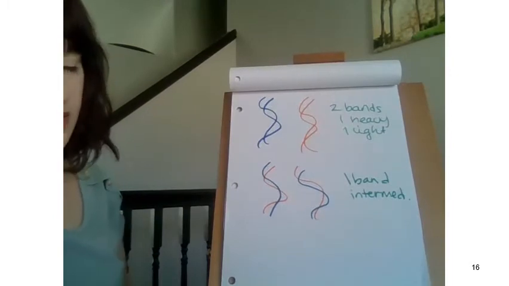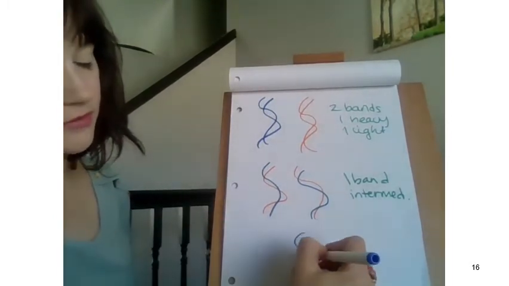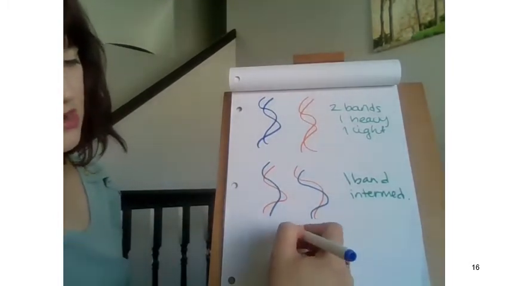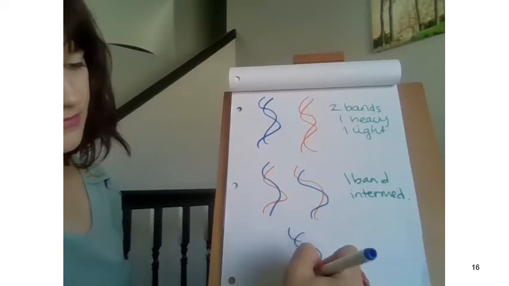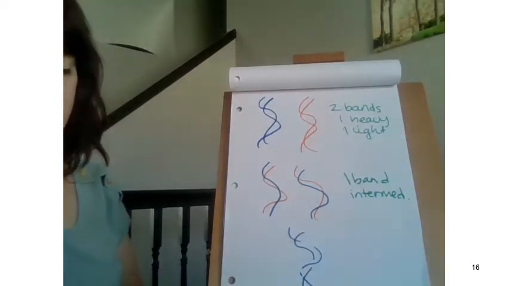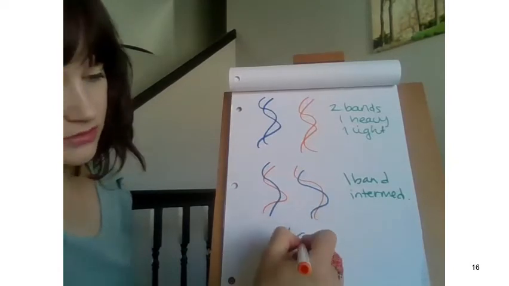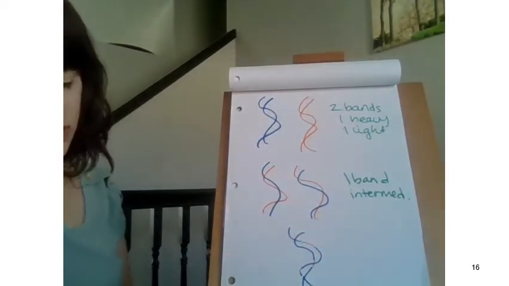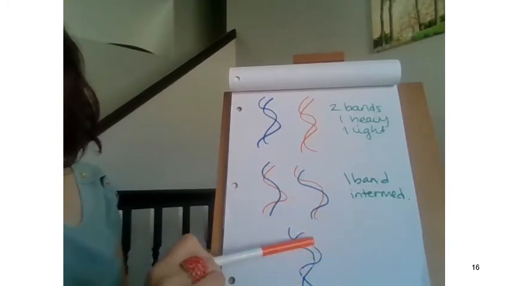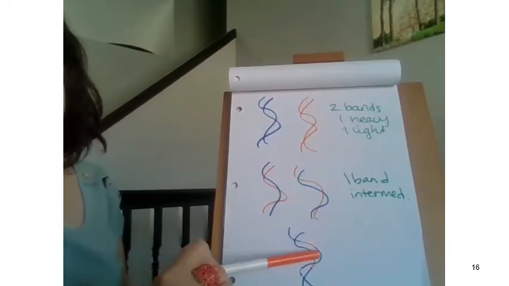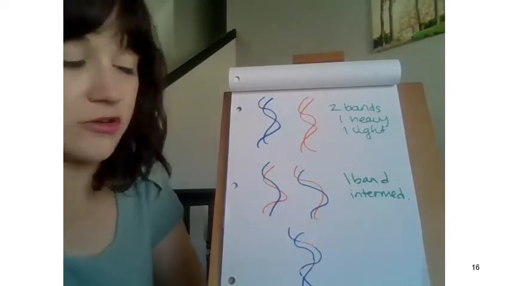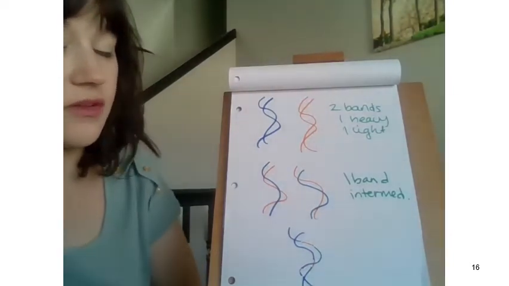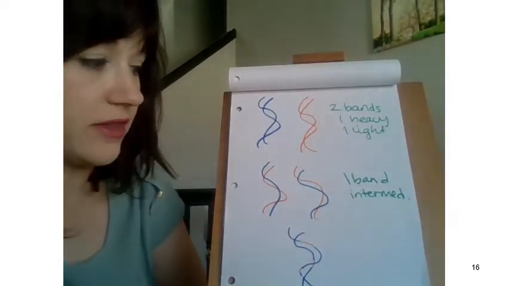The same thing is what you would see if you had the dispersive model, right? Where you've got kind of combinations, a mixture of DNA. If it was kind of an even distribution of old and new within each strand, you would also see one intermediate band. So let's move on to the next slide and see what they found.